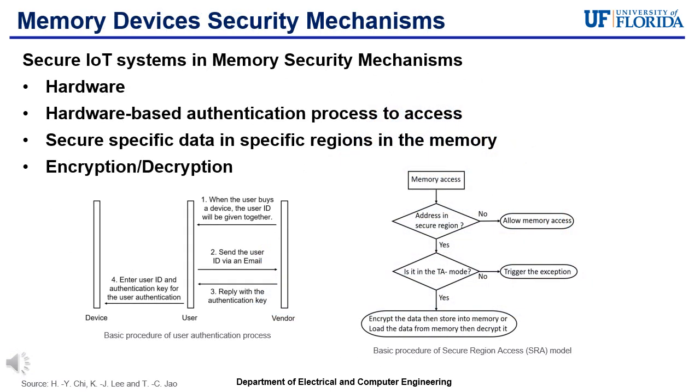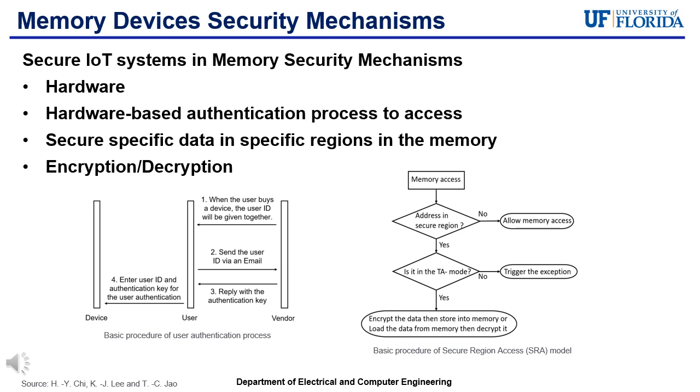Some security mechanisms to combat memory vulnerabilities in IoT systems are hardware-based. One of these methods is using hardware-based authentication to allow user access to the memory. The figure on the left showcases a basic procedure of the user authentication process for this. Step 1, the user buys a device that has this security mechanism installed on it already.